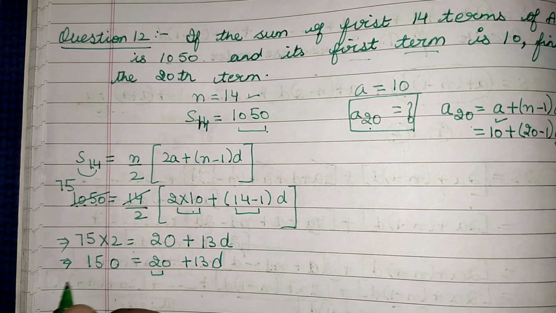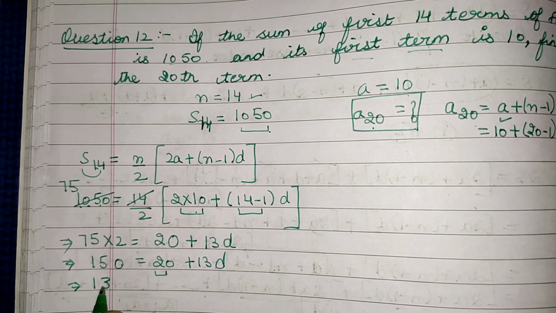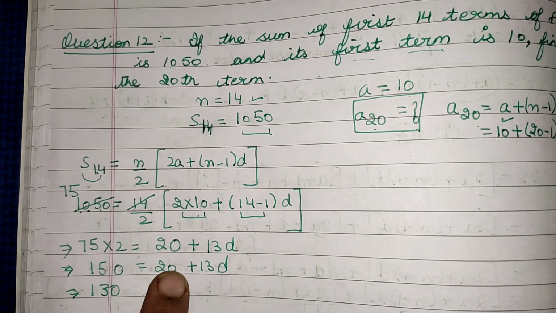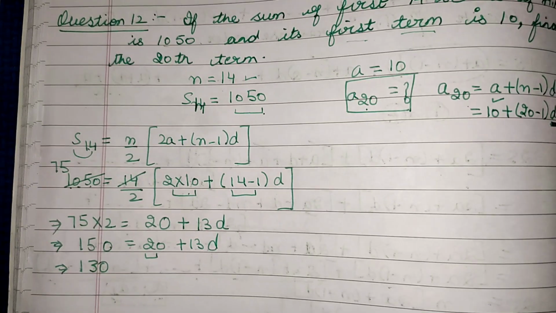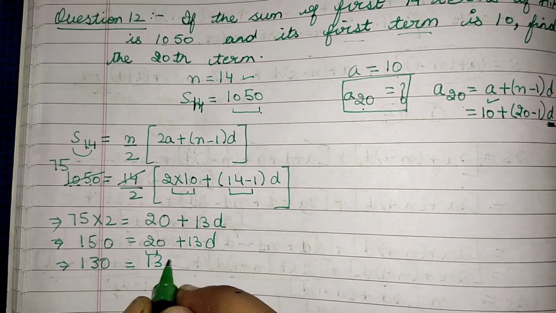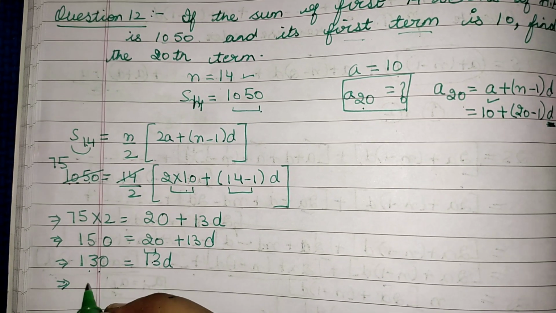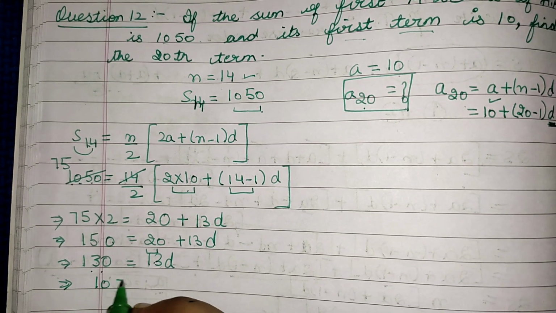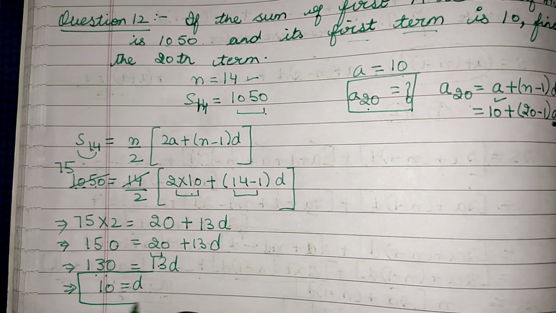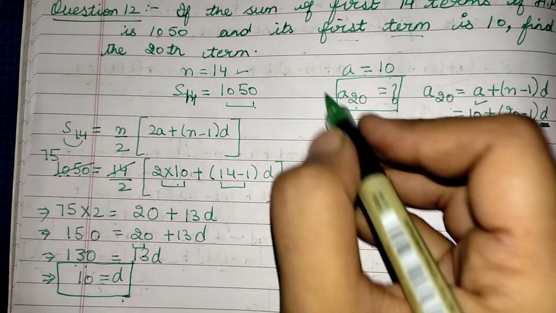So this 20 will go to the left hand side and be subtracted. So 150 minus 20 becomes 130, and 130 = 13D. So 130 by 13 is equal to 10, so my common difference is 10. Right.